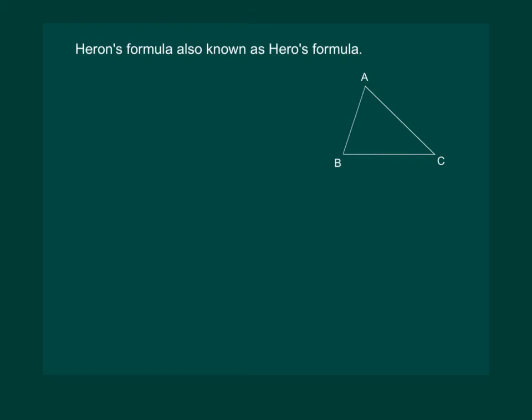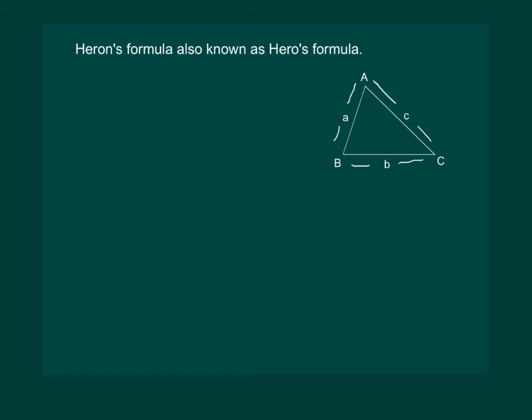Let us now understand the Heron's formula for finding the area of the triangle whose height cannot be calculated easily. Consider a triangle ABC, the length of whose sides is small a, small b and small c.